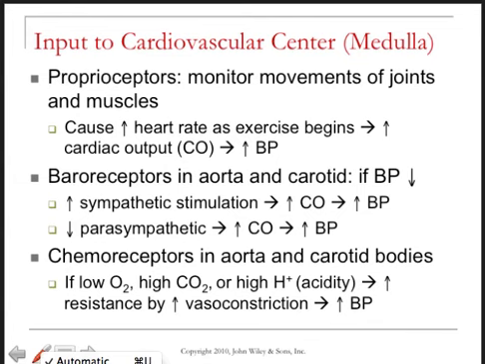What you have to remember here is that when carbon dioxide is produced by cells that are undergoing respiration, remember that glucose is broken down into carbon dioxide and water, okay? And the other products are massive amounts of ATP and heat. But as this carbon dioxide is built up in active tissue, what happens is it combines with water and it forms a molecule called carbonic acid.